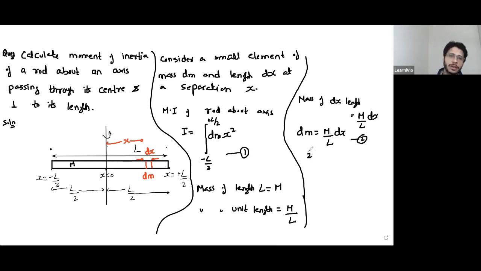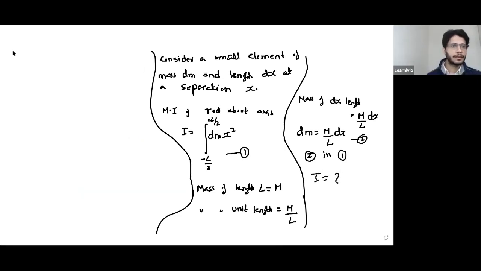Now substitute 2 in 1, perform the integral and tell me how much is I. Then the moment of inertia is the integral from minus L by 2 to plus L by 2 of dm x square. Your dm is m by L dx, multiplied by x square.